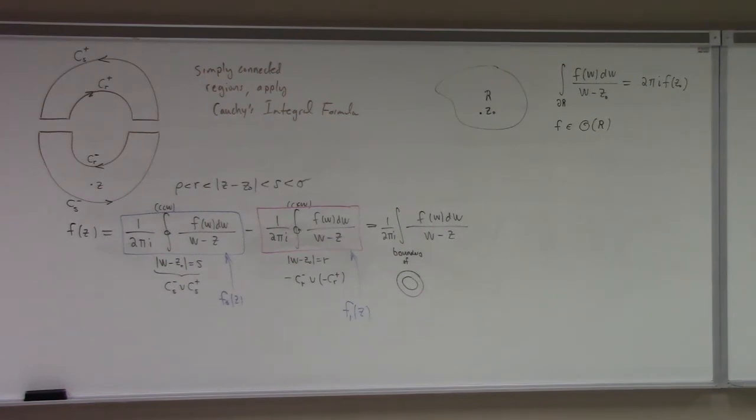Between R and S. But the point is S is arbitrary, so you can let S edge out to sigma, and you can let R shrink down to rho after you do it for arbitrary R and S. And so we get the Laurent decomposition on the annulus.